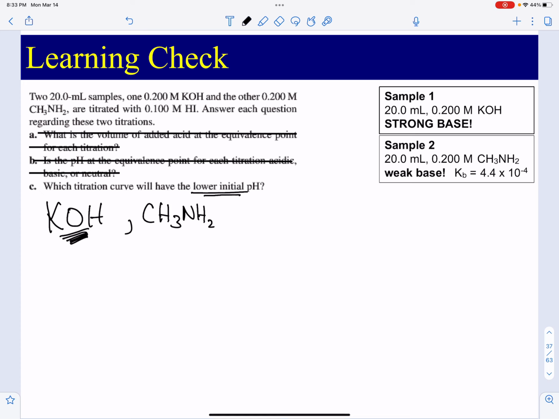So this is gonna be very, very basic. So by default, this one will have to be the one that is more acidic or the one with the lower initial pH. So this is basically checking to see if you understand the pH scale. The lower the number, the more acidic it is. A strong base is gonna be a base. So the weak base has to be the most acidic between both of them.